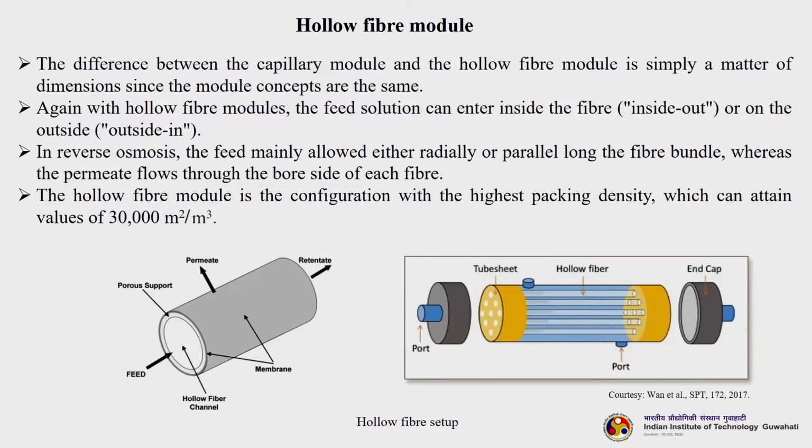So, you can see here in this particular figure. Okay. So, the feed is entering here, right. There is a single module being shown here, a hollow fiber channel. This is actually the membrane, and permeate is coming outside the membrane, okay, and retentate is collected from inside the membrane. So, this is actually an inside out system.